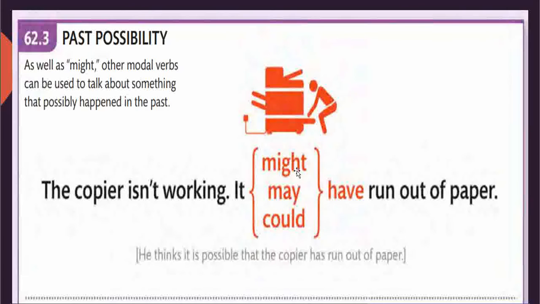But what is the applied meaning over here? It means that he thinks it is possible that the copier has run out of paper. That means there's a possibility in the past that the photocopier ran out of paper. There was no paper in the photocopy machine. So that is the past possibility constructed with might have. Other constructions which are possible: may for informal, could for formal.